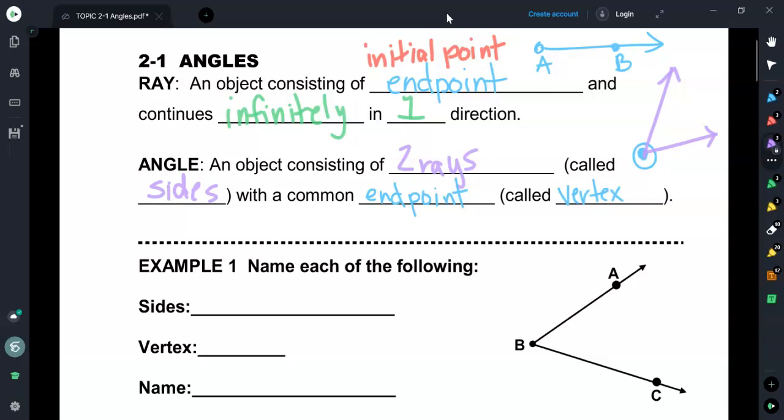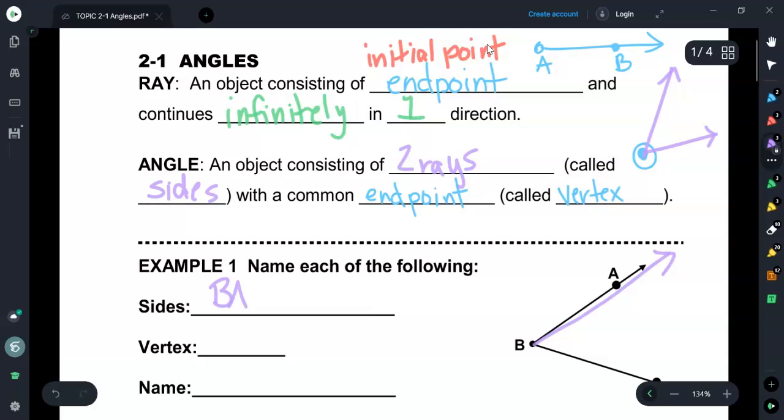So, for example, the sides of this particular angle right here: I've got this ray and I've got this ray. So I've got ray number one, and that's going to be ray BA. That's the ray that starts at B and goes through A, and I'm going to put a little ray symbol on top of it.